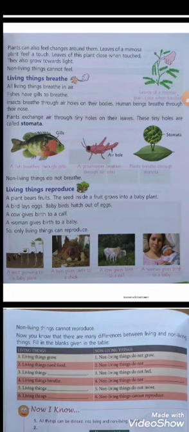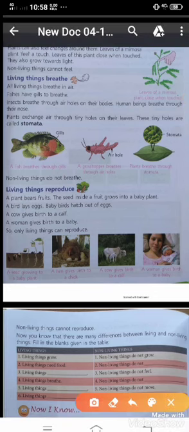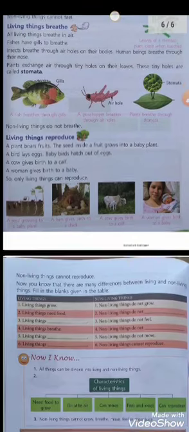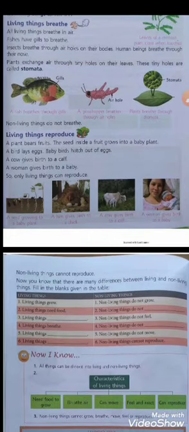Now coming to the fifth point, that is, living things breathe. Let us see what is given in this characteristic. All living things breathe in air. Fishes have gills to breathe.